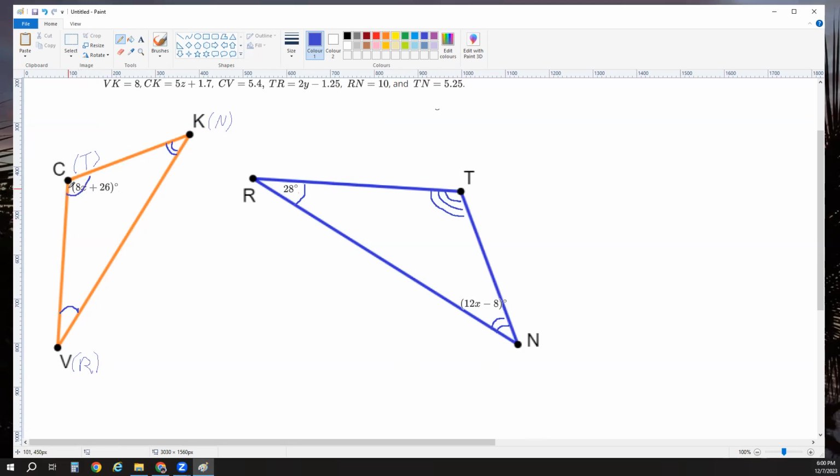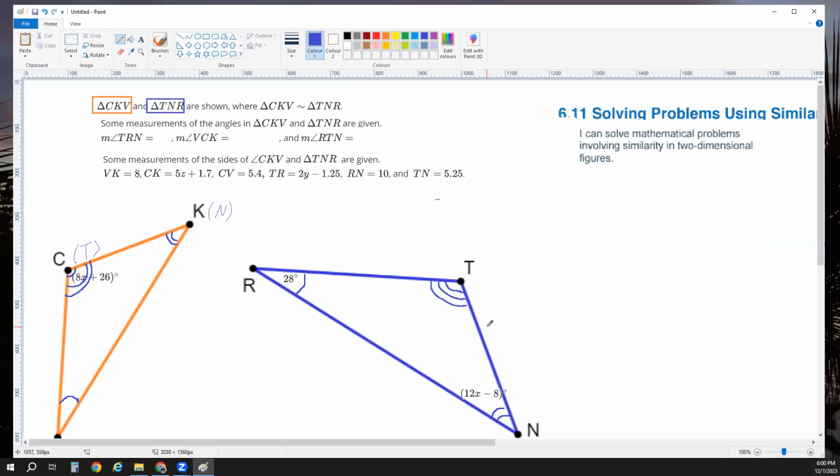1, 2, 3. This is 8x plus 26. So I can read that better, it's a corresponding pair. Man, what did I call it earlier? I always forget that. Okay.